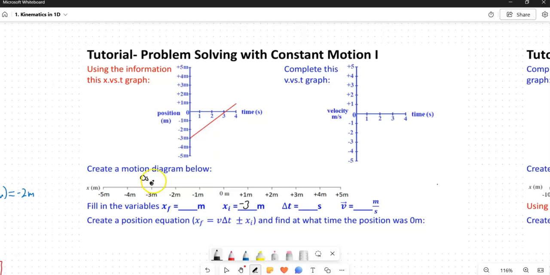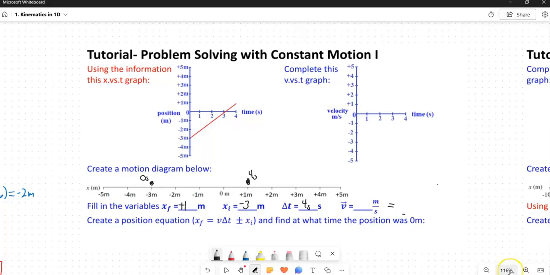And then it looks like it's going to end over here at the positive 1 meter mark at the 4 seconds. So this is going to be positive 1 meter right here, and it's going to take 4 seconds to do this. So again, velocity is displacement over time.